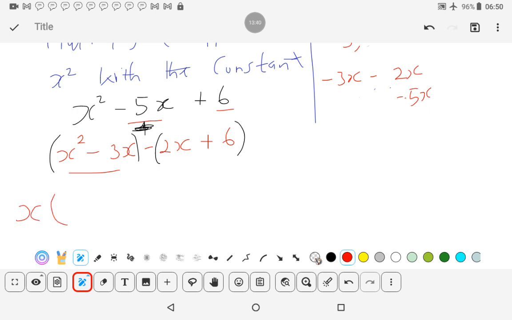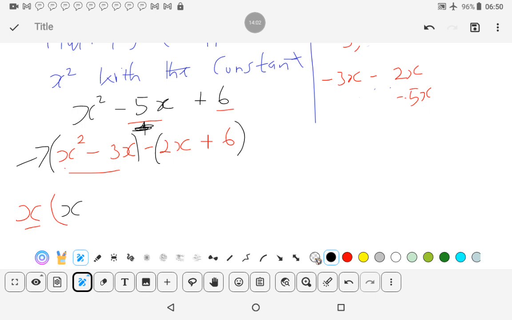Open your bracket now. Then you see which number you are going to multiply with x to give you back x squared, because you are factorizing. So the variable will be x.